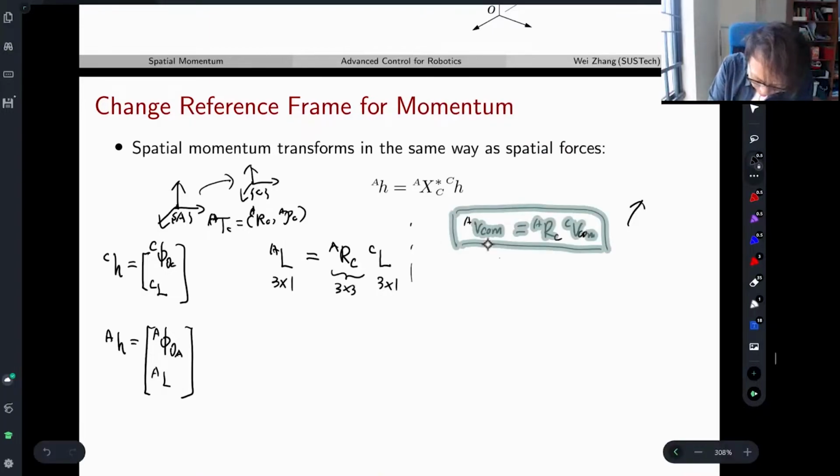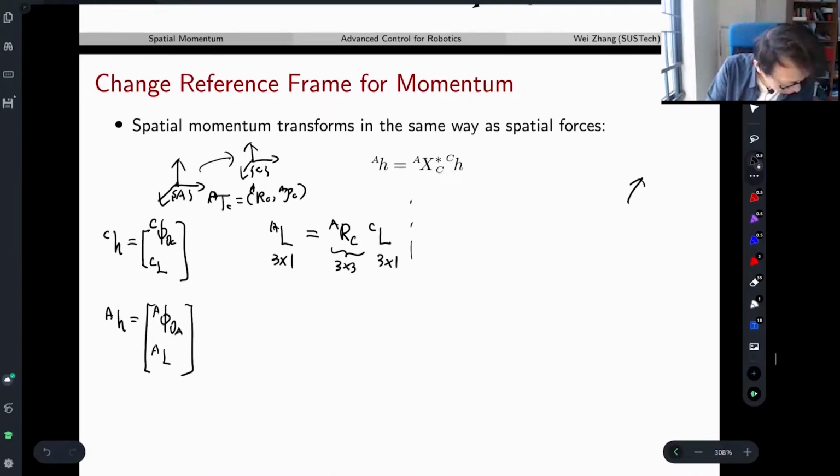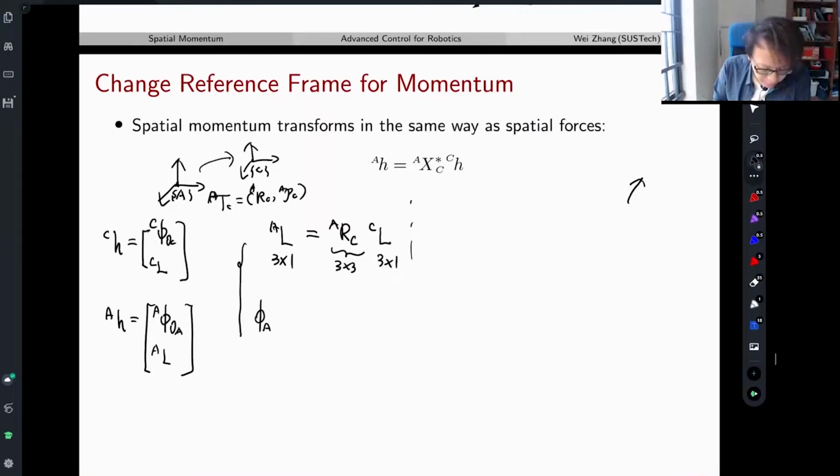So let's erase this part. Let me finish this part before having the break. Another one is phi of A. Well, that depends on the reference point now.